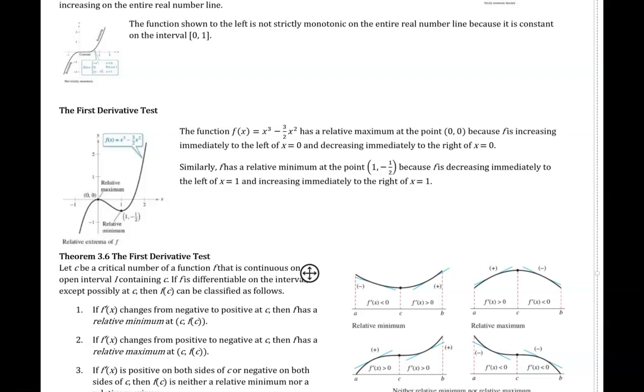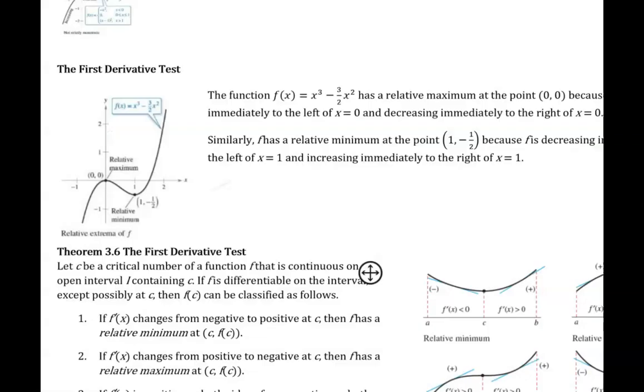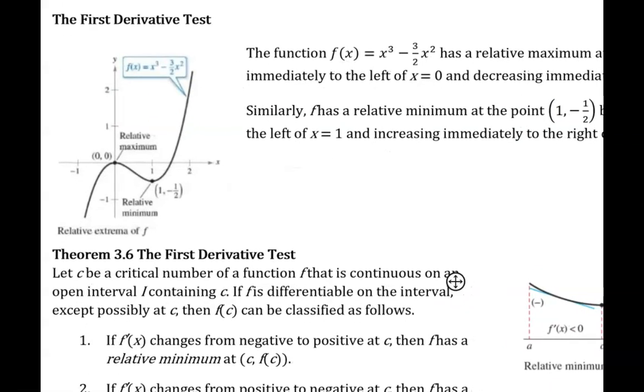And now let's see where this graph has relative extrema. It has a relative extrema here at 0, 0, a relative maximum where it changed from increasing to decreasing. And then it has a relative minimum where it changed from decreasing to increasing.